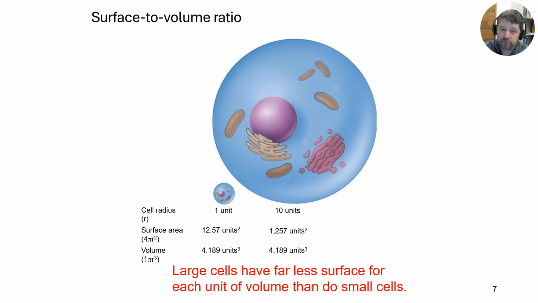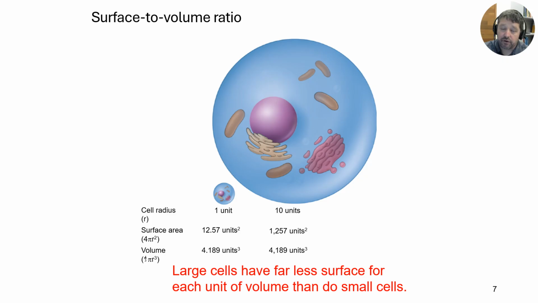The surface area is 12.57 units, so this entire outside edge is 12.57 units. And then the 10 times bigger is 1,257 units. That's pretty much a 1-for-1. The difference is when you get to the volume. The volume of this one is 4.189 units.